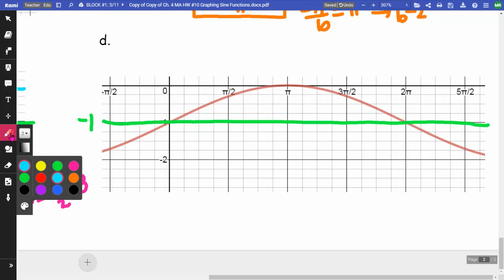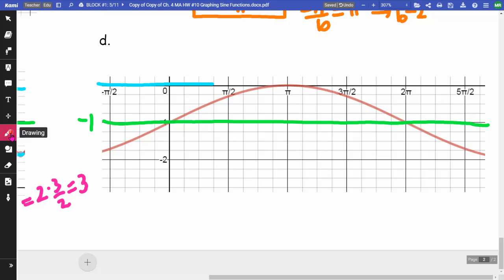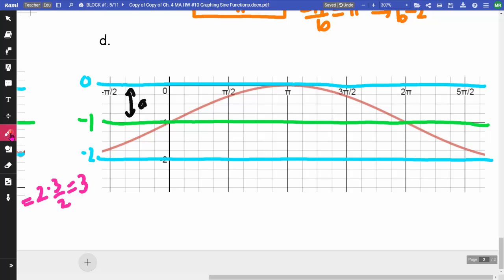And it looks like I am going 1 above that, which is going to be at a height of 0. And 1 below that is where it looks like it's going to cross, which is at -2. So when I'm looking at my amplitude, my A is going to be 1, maybe positive, maybe negative.